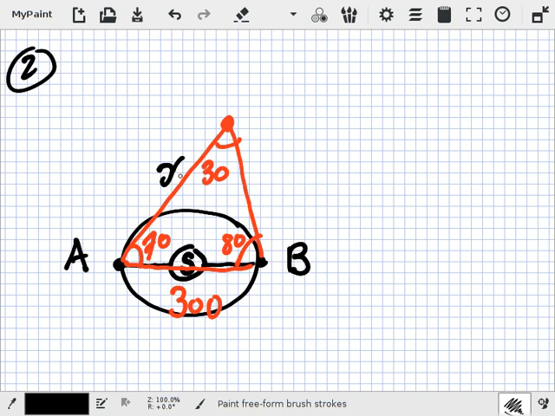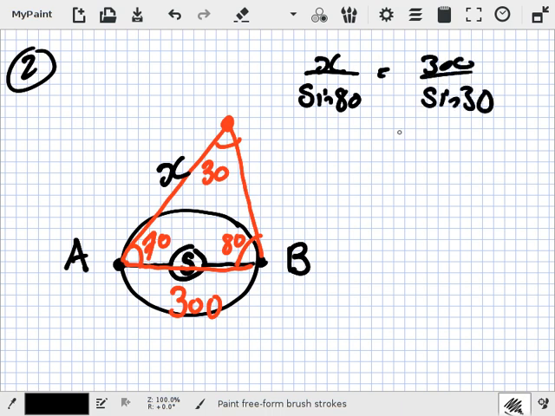I'll call it x. So I can say x over sine 80 equals 300 over sine 30. That's me using the sine rule. Right, so then I get x equals 300 sine 80 over sine 30.